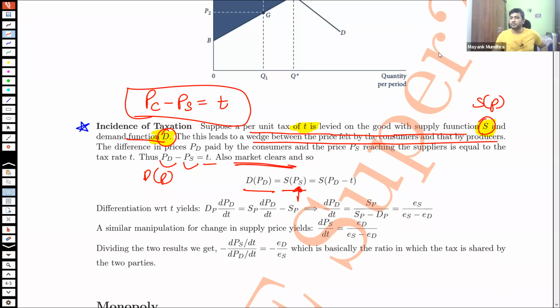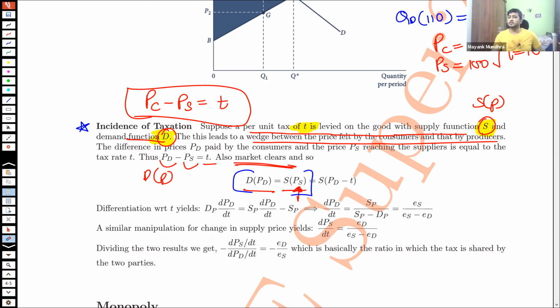In the example I gave you, the price for consumers is 110, the price for suppliers is 100, because the tax was, let's say, 10%, which was 10 rupees. So the quantity demanded at 110 must be equal to the quantity supplied at 100. Whatever suppliers are willing to supply at 100 rupees must be equal to the quantity demanded in the market at 110 rupees. So this is what this equation means. This is the market clearing condition.